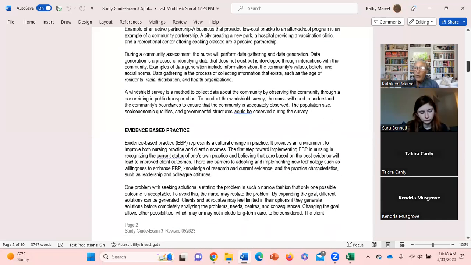And then the next paragraph talks about you need to understand the difference between data generation and data gathering. Okay, for data generation, you have to generate data. It doesn't already exist. You're generating. So that may be talking with people in the community about their beliefs, their values, their social norms.